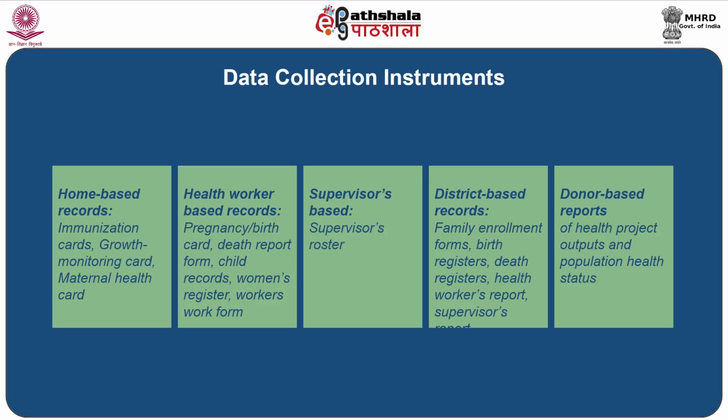District-based records may include family enrollment forms, birth registers, death registers, health workers' reports, and their supervisors' reports. Donor-based reports of health project outputs and population health status can be another important instrument for data collection.